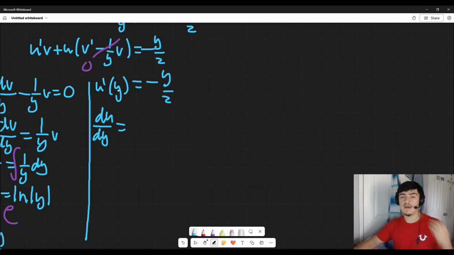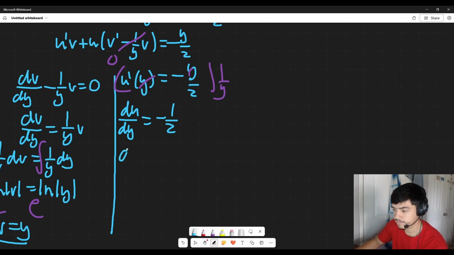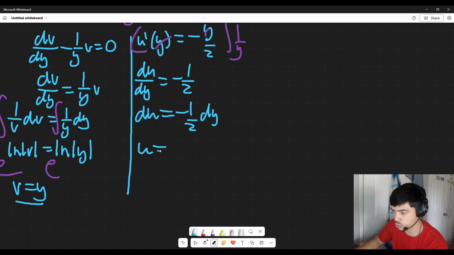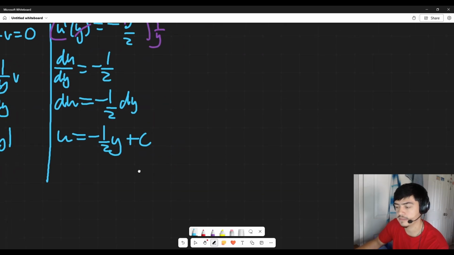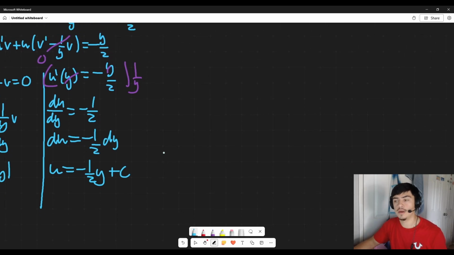Dividing both sides by y, we get just negative 1/2, right? This turns to 1, this also turns to 1. So we're just left with this. Now, separable differential equation, like always, negative 1/2 dy. So this gives us u equals negative 1/2 y plus c. Very nice, very clean. Let's keep going.